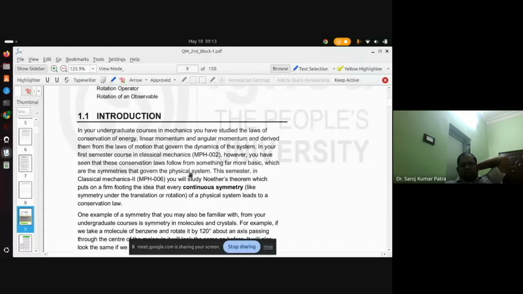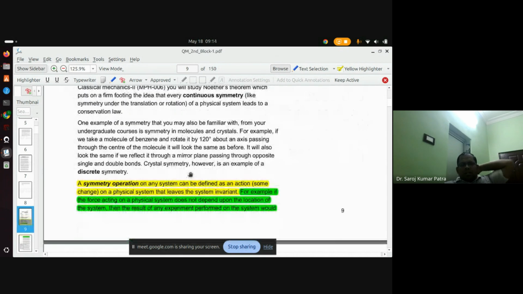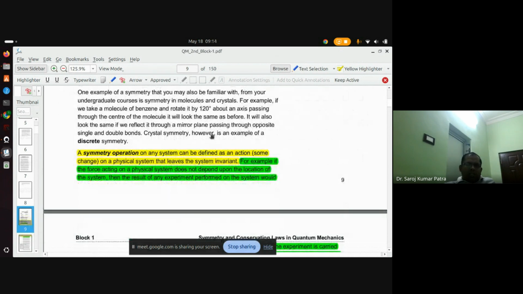As it says, we have studied a little bit of classical mechanics and the mathematical formulation of quantum mechanics, and based on that, we'll now try to see how quantum mechanics affects other formulations of physics. Symmetry is one of the very interesting topics.